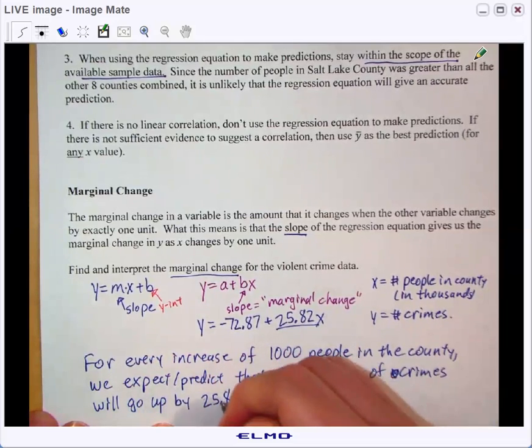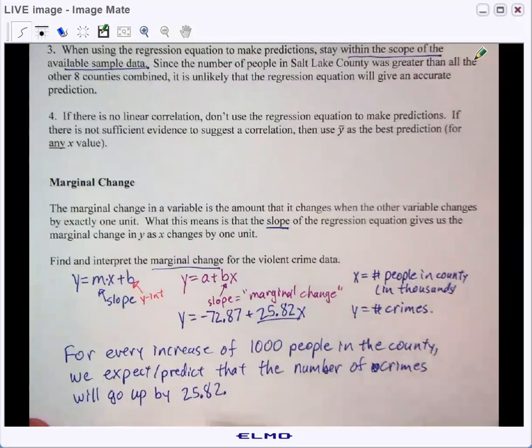Now we're going to leave that as a decimal and not round it to 26 because we're talking about for every increase of 1,000 people. So we're going to leave that there.